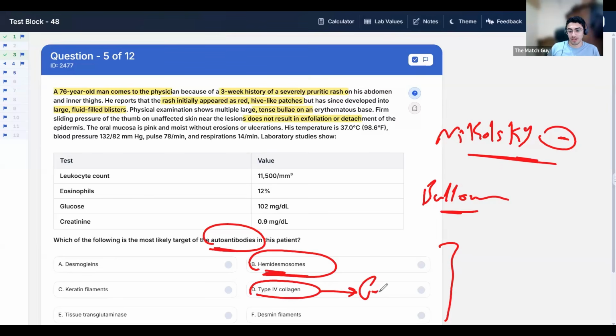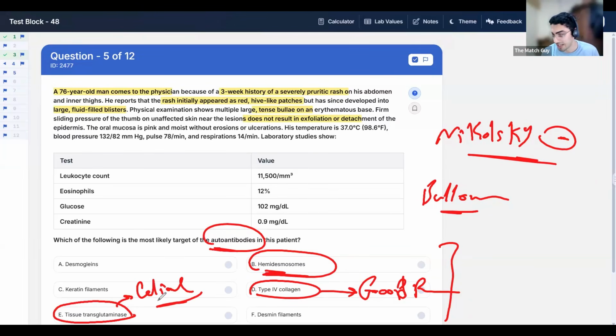Amazing, excellent. Goodpasture syndrome. These patients will present with hematuria and hemoptysis. Autoantibodies against tissue transglutaminase will cause which condition? Exactly, celiac disease. IgA antibodies.